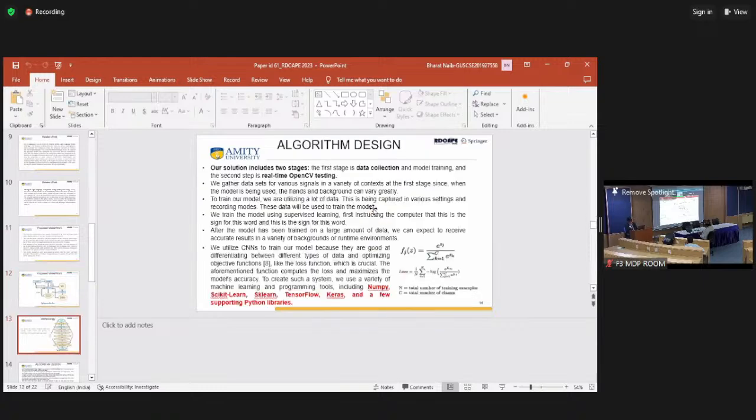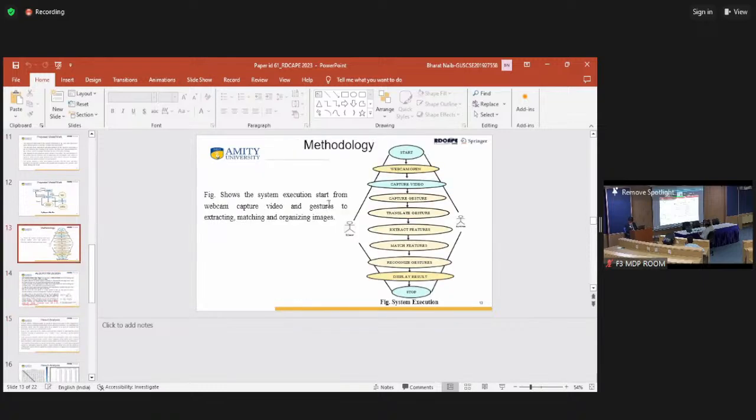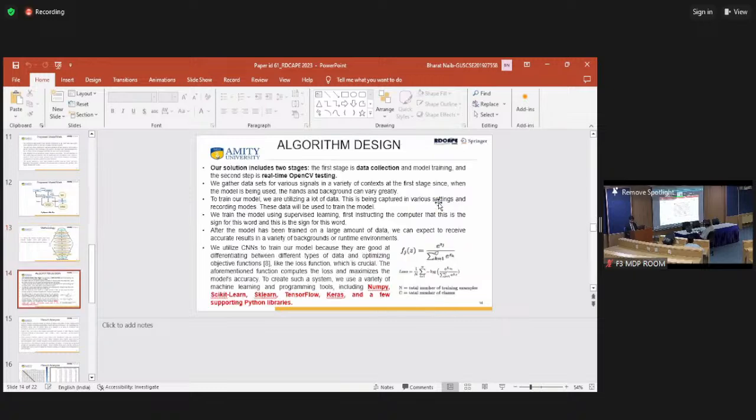And this one is the methodology that we have used, that is showing the system execution right from the start. Then this is the algorithm which we have designed. It consists of two stages, that is data collection and model training, and the second step is real-time OpenCV testing.